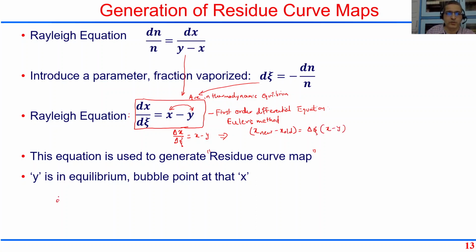Recall Euler's method: if you wanted to solve dy by dx as a function of x and y, you said y at i plus 1, the next step, is equal to yi plus delta x multiplied by the function f of xi, yi, with the function evaluated at the previous value of x. So we are going to use this first order differential equation to generate the residue curve map.